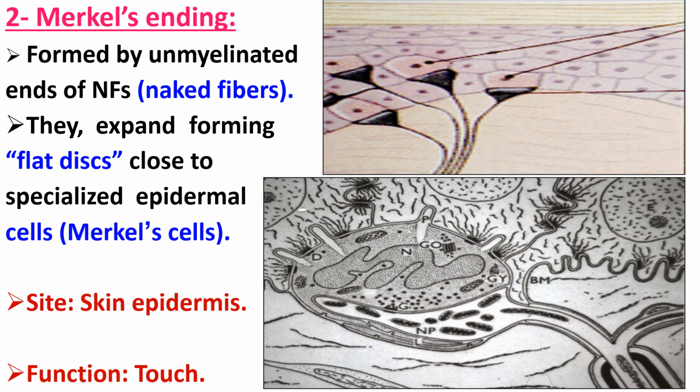The other type of non-capsulated sensory endings in connective tissue is Merkel's ending. It is formed by the unmyelinated end of the nerve fiber. The non-myelinated end of the nerve fiber expands, forming a flat disc.